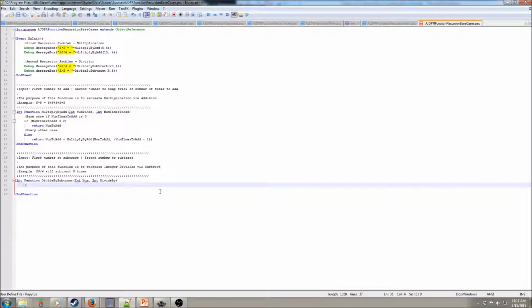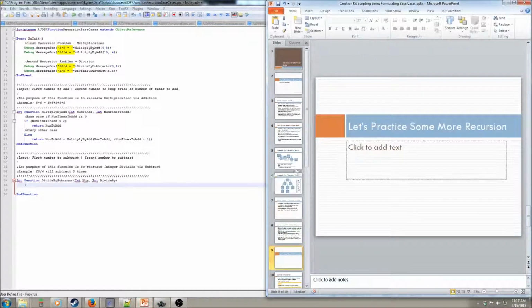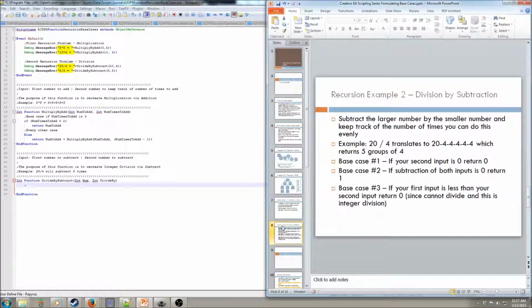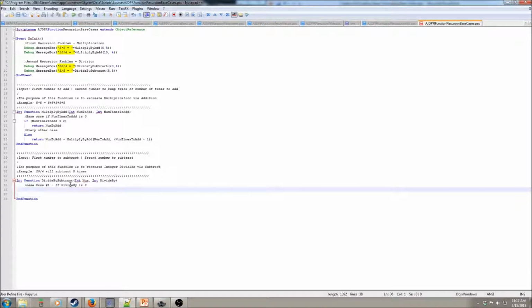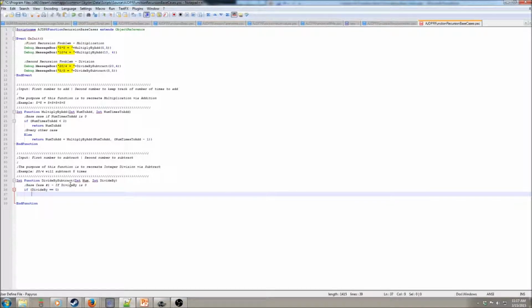So let's look at our base cases real quick. If the second input is 0, return 0. So base case number 1, if divide by is 0, return 0.